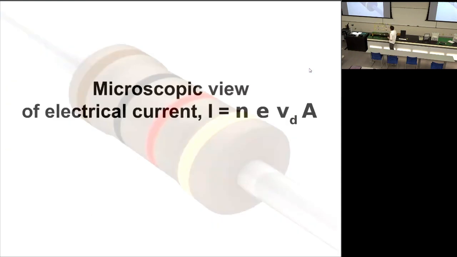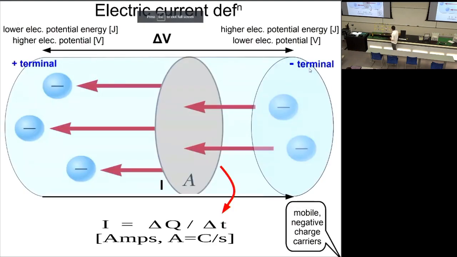So in a real wire, made of real metal with real electrons that have real negative charge inside them, this is actually the situation for the electrical current. Over here on the left-hand side is still the positive terminal of the battery, and over here is still attached to the negative terminal of the battery. The left-hand side is still higher electrical potential, and this is still lower electrical potential.